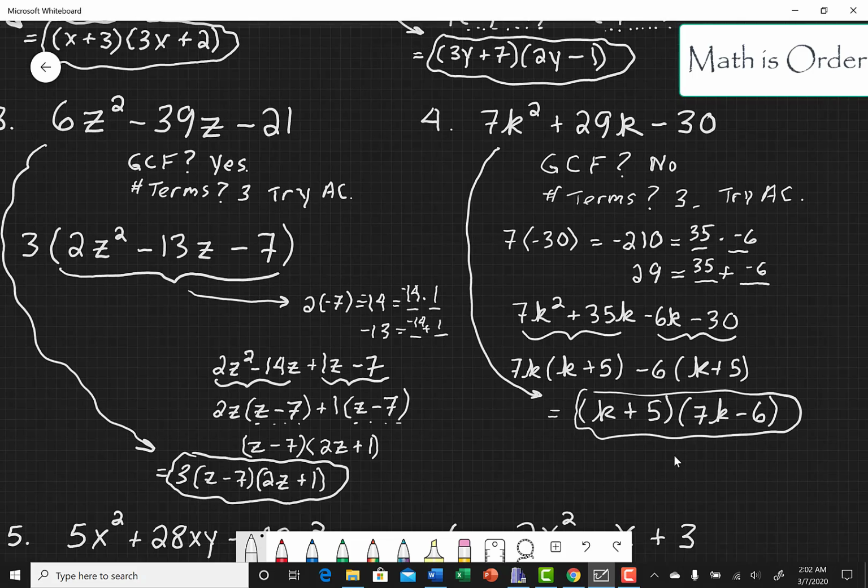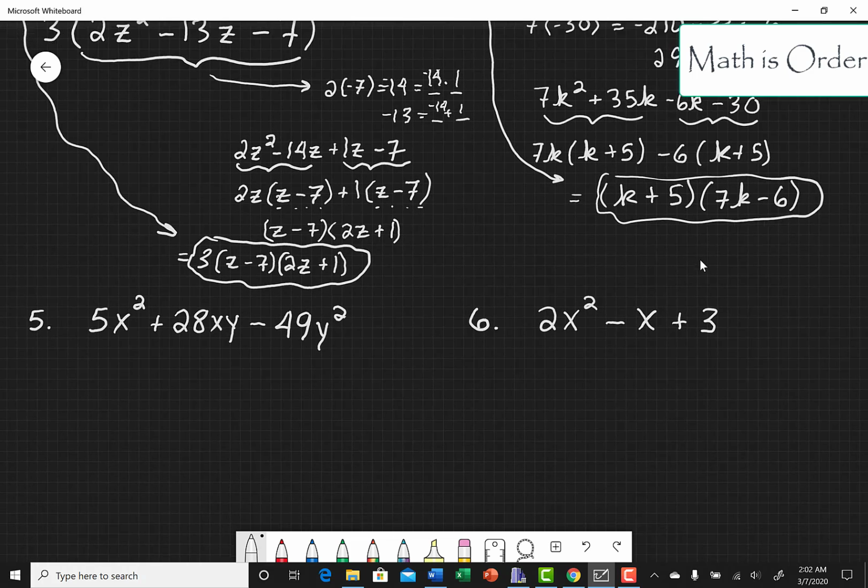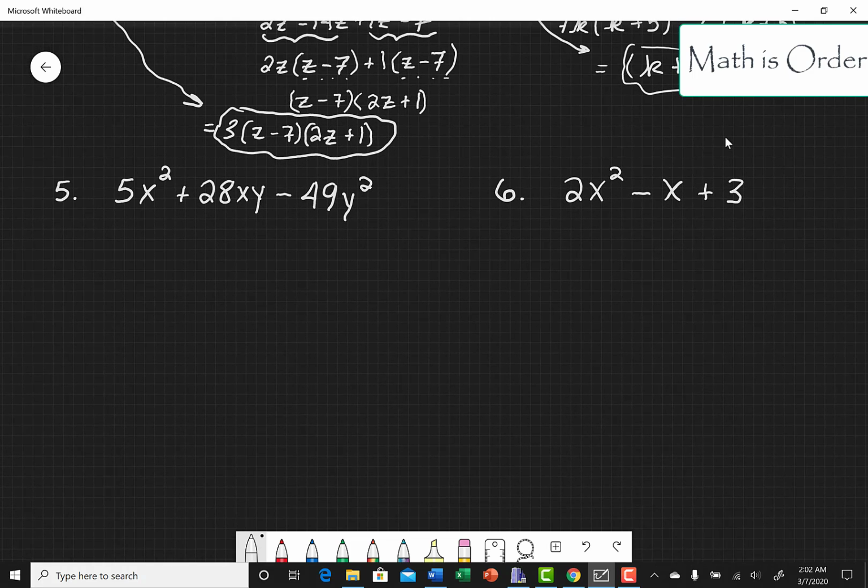All right, moving on to number 5. Here again, is there a GCF? No. Number of terms, 3. Try AC, because if there's not 3 terms, we wouldn't want to use the AC method.